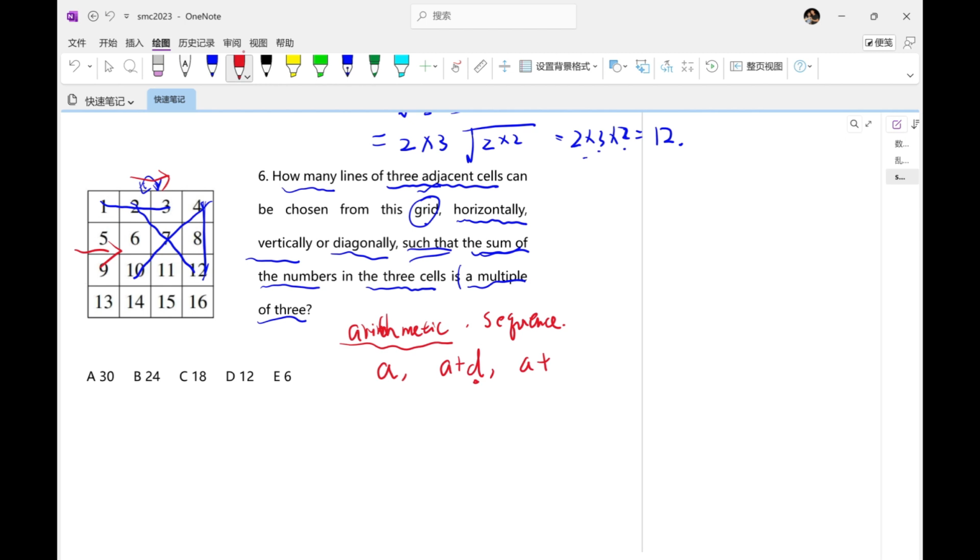The third term is A plus 2D. We make a sum for them. That is 3A plus 3D, and it is divisible by 3. So 3 also divides this sequence.